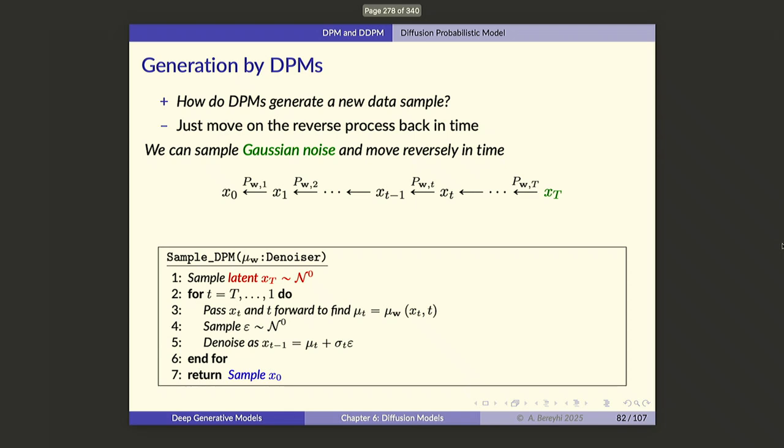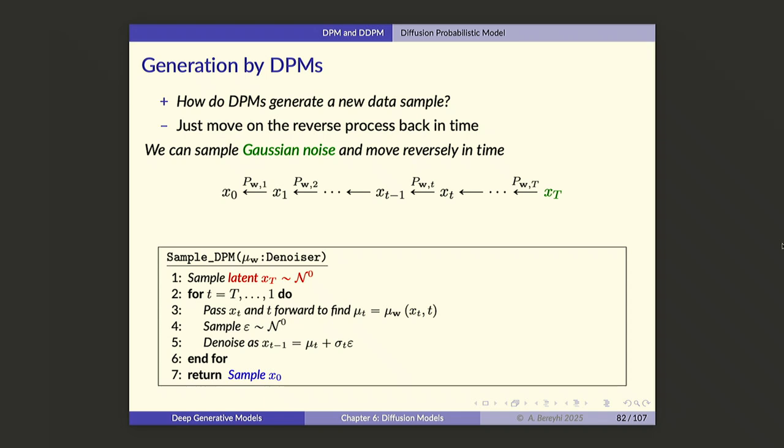So you can write it down in this form. So I'm going to sample xt. This is now a latent variable, a variable starting at the very end of time, Gaussian noise. And now you just move backward in time. You start from t equal capital T and then go to 1.